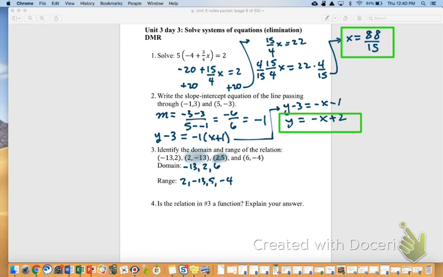Okay, keep going. What else can I do for you as far as a question goes? Mason. How did I get number 1? Okay, so let's look through my steps here. Can anybody tell me?